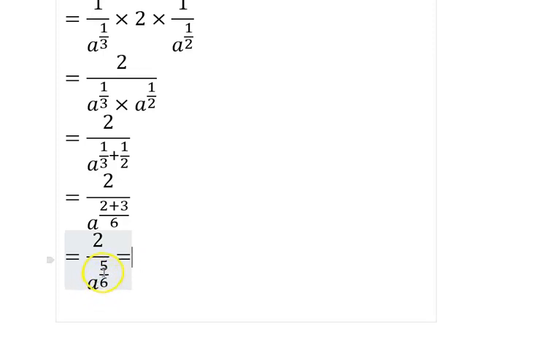If you say you have a raised to the power 5 over 6, it can still come up to be a raised to the power minus 5 over 6. You are still saying the same thing. So depending on what you actually want and however you want to put it, it's just for you to put a negative sign here. So if you leave your answer like this, you are correct, and if you leave it like this, 2a raised to the power minus 5 over 6, you are still correct.